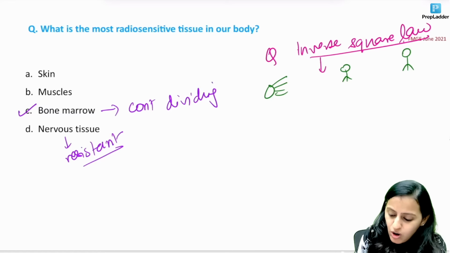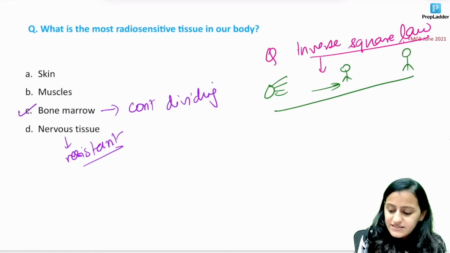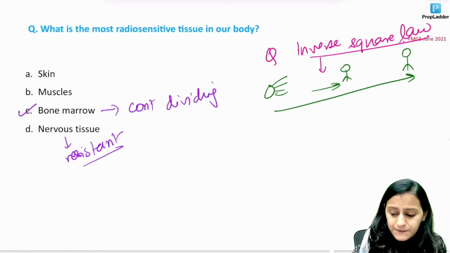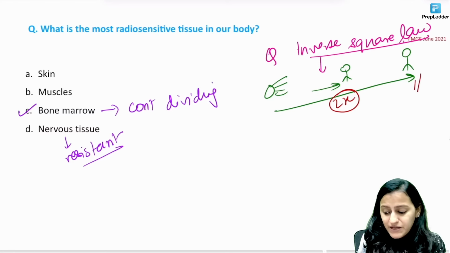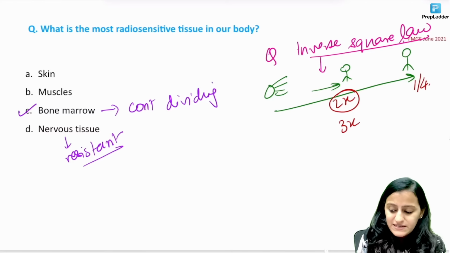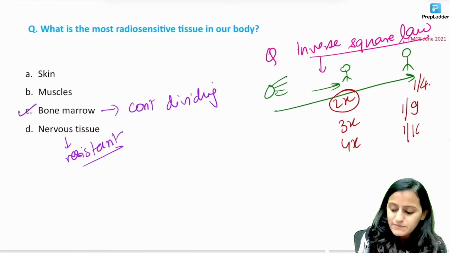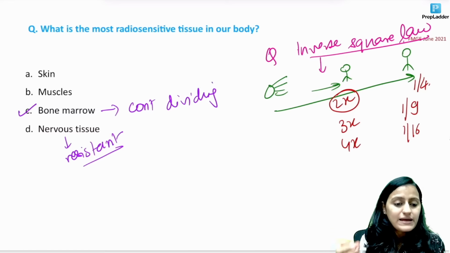Logically, the more you increase the distance, the lower the radiation intensity will be. How much lower? If you double the distance, the radiation intensity is going to become 1/4, inverse and square. If you triple the distance, the radiation intensity is going to be 1/9. If you make the distance 4x, it will be 1 by 16. So inverse square. Okay, that is inverse square law.